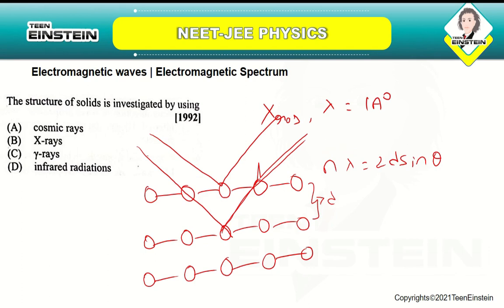So you can easily analyze the structure of solids with the help of X-rays because of the wavelength of the X-rays matching the interplanar spacing. Due to this, people use X-ray diffraction as a tool to analyze the structure of the material.